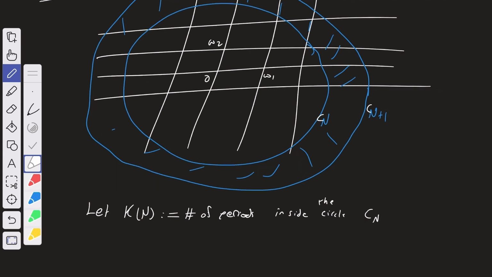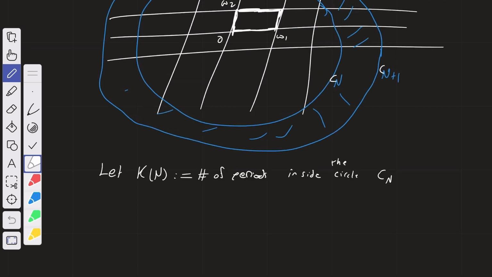And for simplicity, let us assume that these parallelograms are in fact unit squares. Let us assume this, since the argument for a general parallelogram can be motivated by some sort of scaling argument.